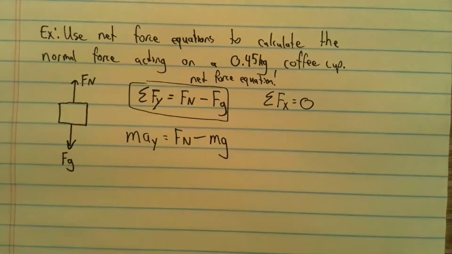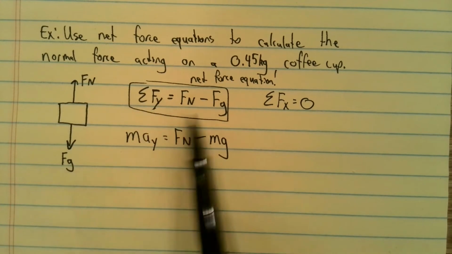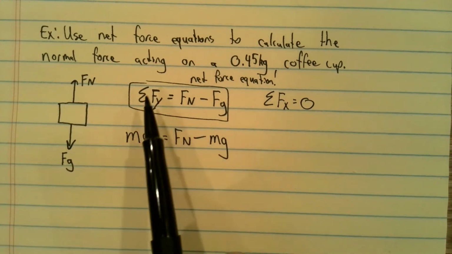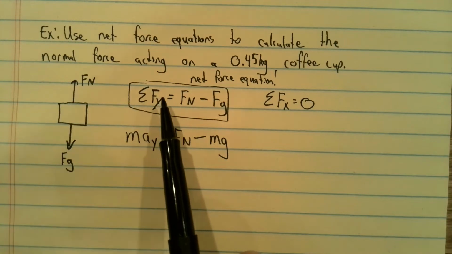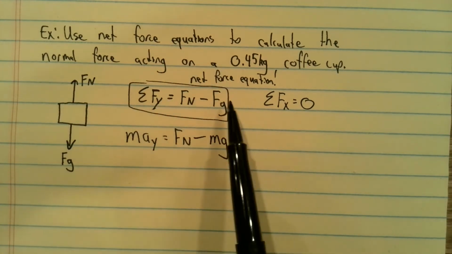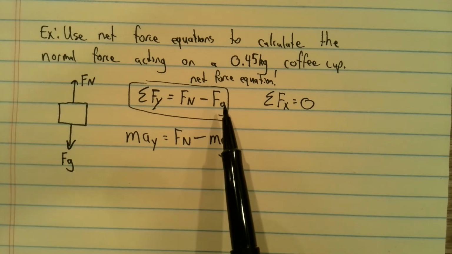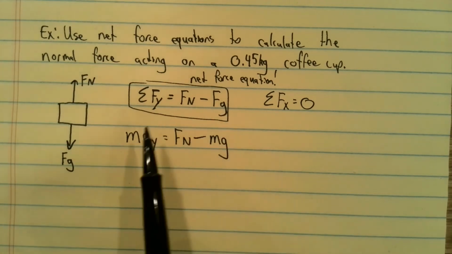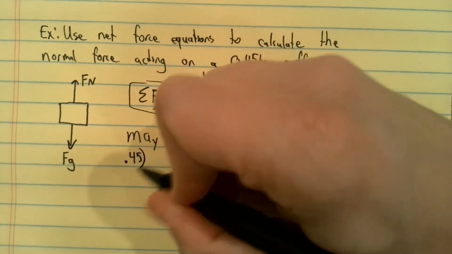Why do we do that? Why do we plug in those letters? Here's why. The original is unsolvable. I don't know what the sum of the forces is, and I don't know what Fg is. I do, however, know that the mass of the coffee cup is 0.45.